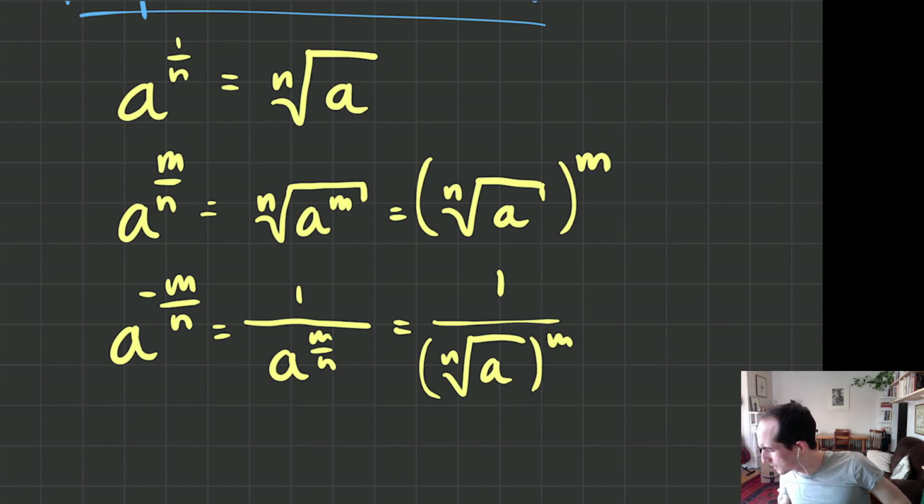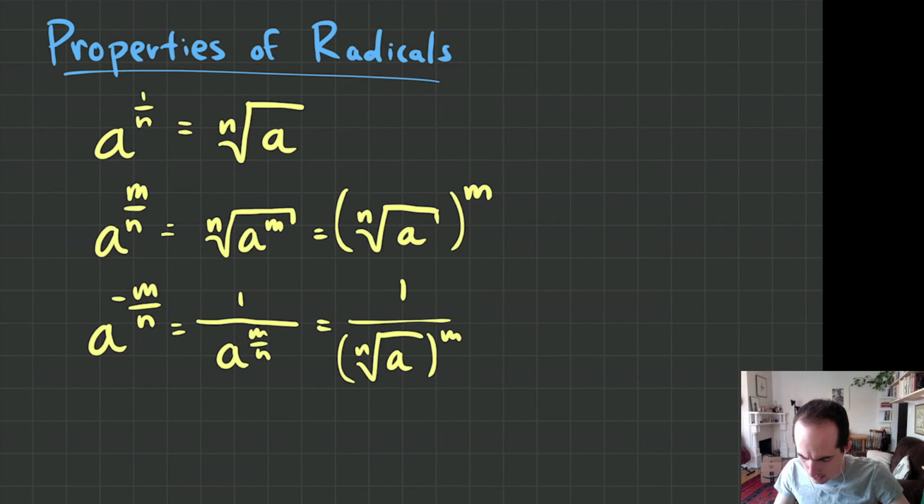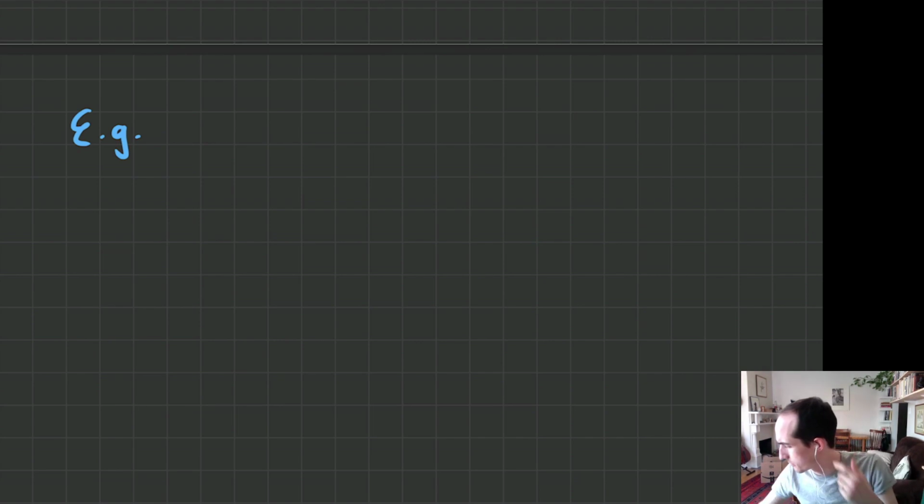Okay, so let's jump right into some of these and start doing some of the more challenging examples. I'm just going to start copying some of these questions from your textbook because these are really good questions.